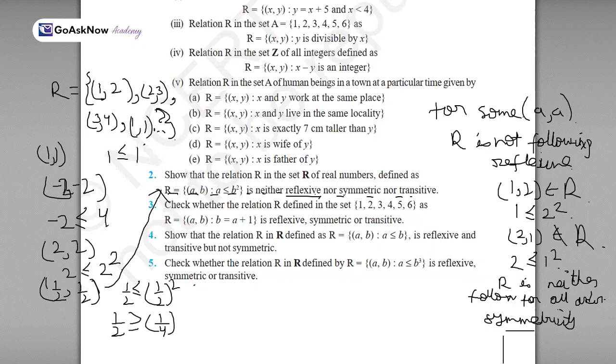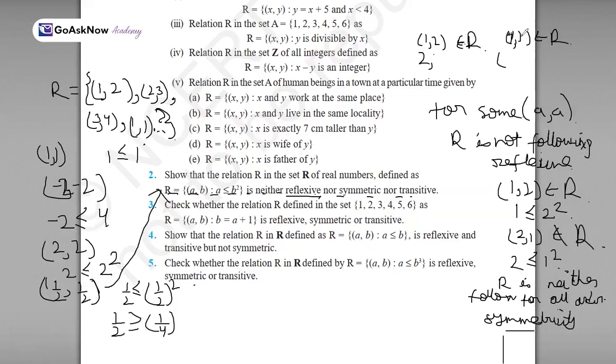Now I have to see whether it is transitive or not. So see, if I have (1, 1) belonging to R, we have shown previously, and I have (-1, 1) belonging to R. Is this true or not?